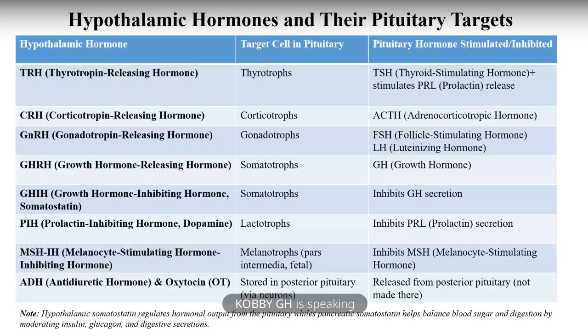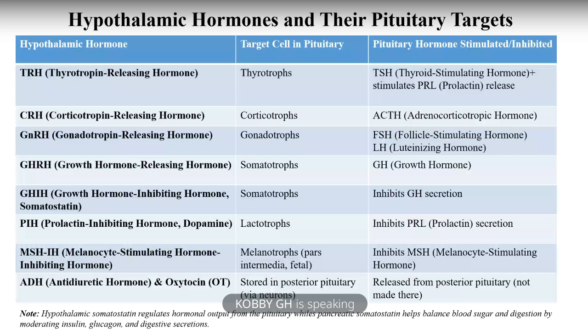So I can ask you a simple question: if the hypothalamus produces oxytocin, which of the following cells or areas of the pituitary gland does it target? A, somatotrophs, B, corticotrophs, C, thyrotrophs, D, none of the above.